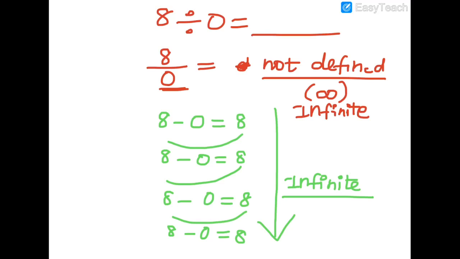And the next property is the commutative property. So for that I will write here, commutativity.